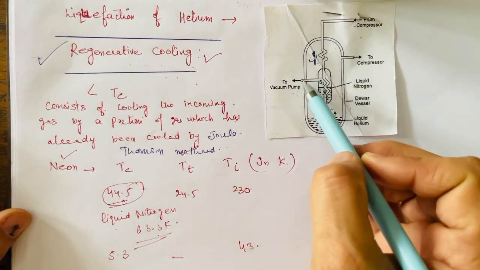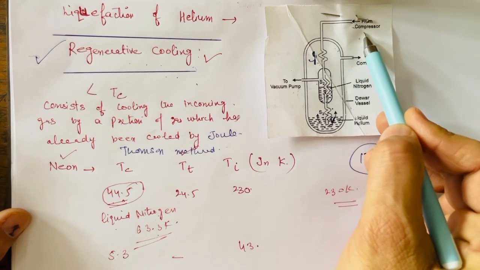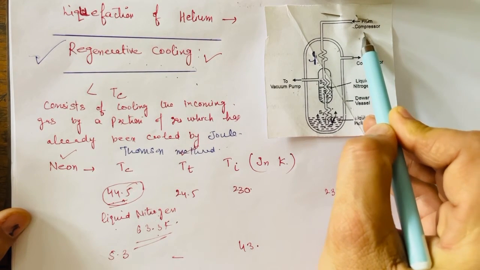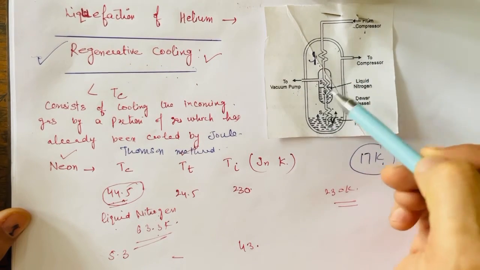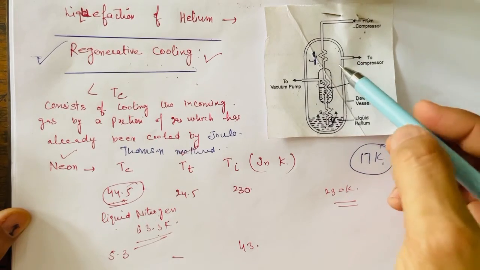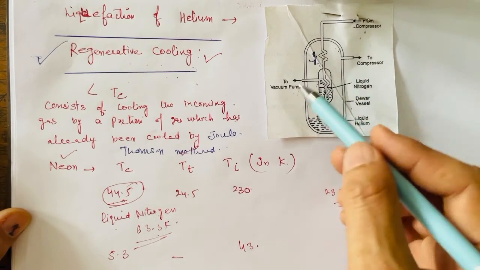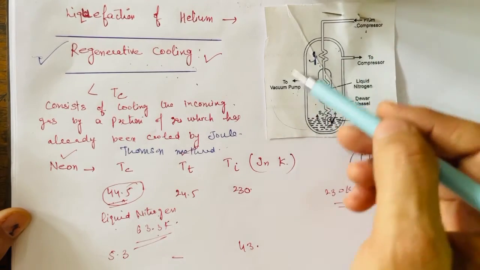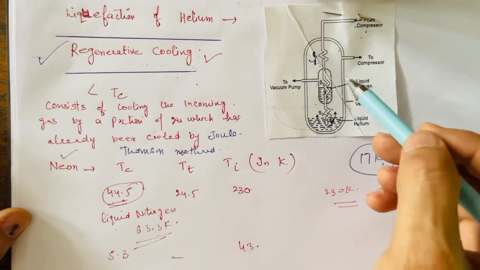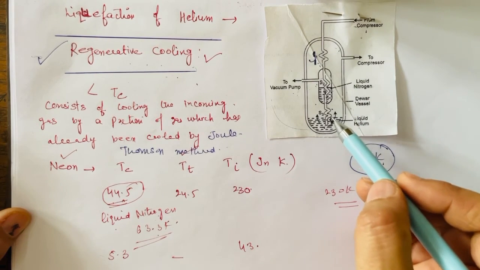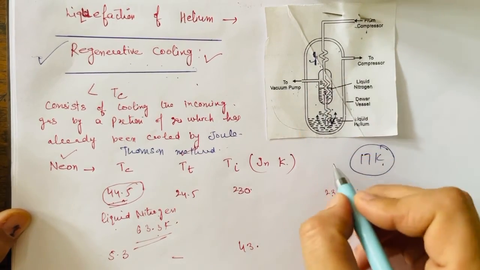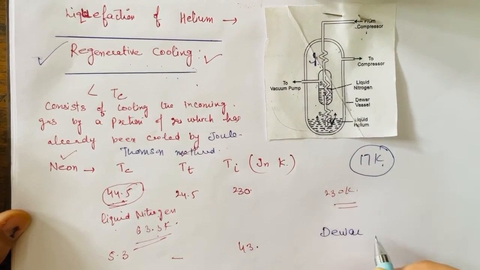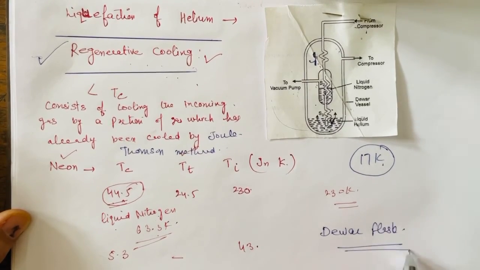Again, this cooled helium is sent to the compressor, which then sends the helium through spirals S1, S2 and S3. This process continues till the helium gas is ultimately liquefied, and the liquid helium is collected at the bottom of this Dewar flask, which is just like a thermos flask.